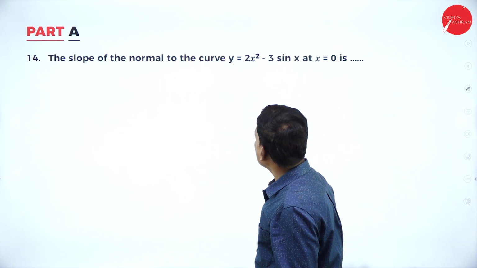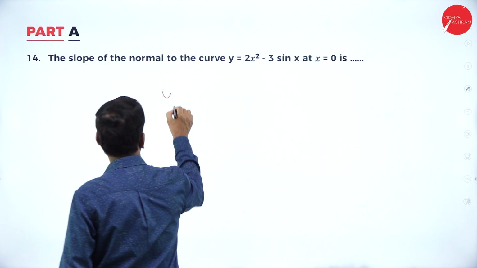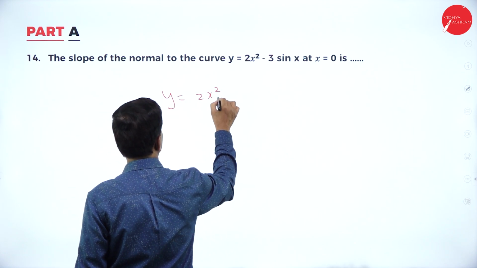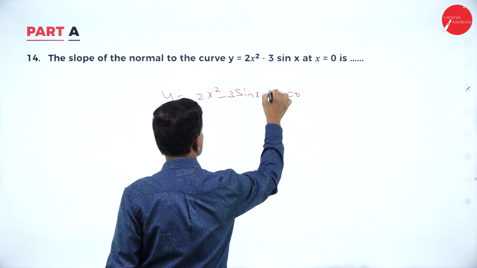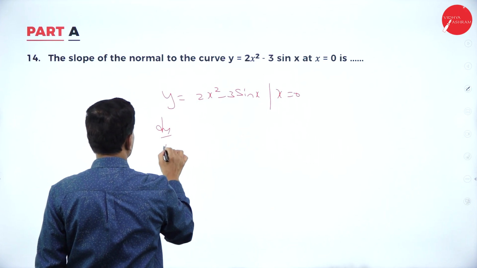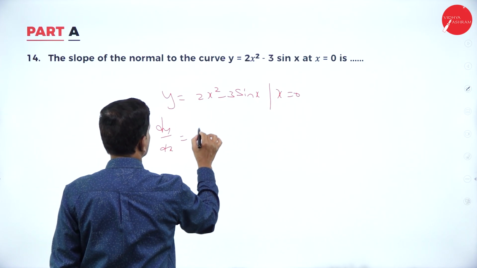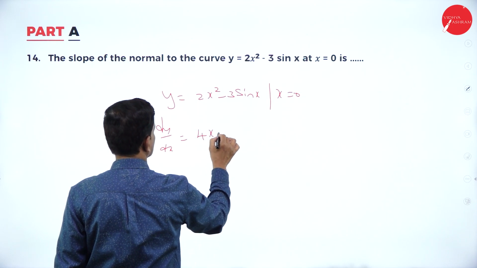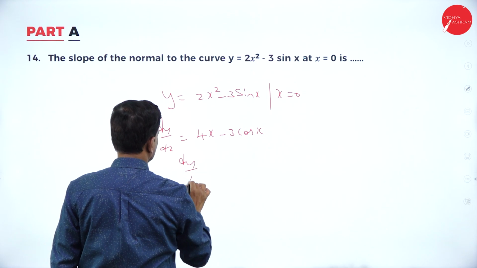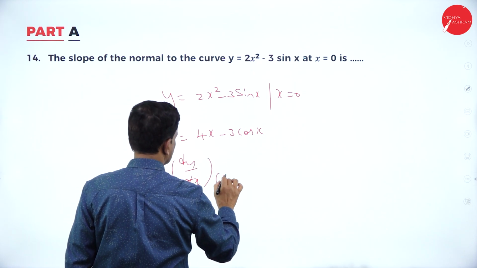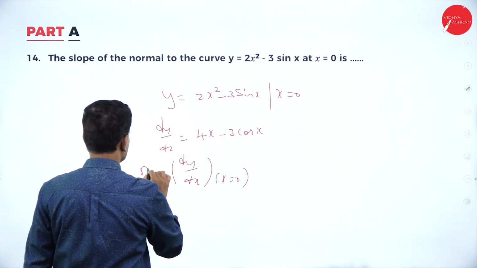The slope of the normal to the curve y is equal to 2x square minus 3 sin x at x is equal to 0. Differentiate this. dy by dx is equal to differentiation of x square is 2x, 2 into 2x is 4x, minus differentiation of sin x is cos x. Now put x is equal to 0 in dy by dx to get the slope.